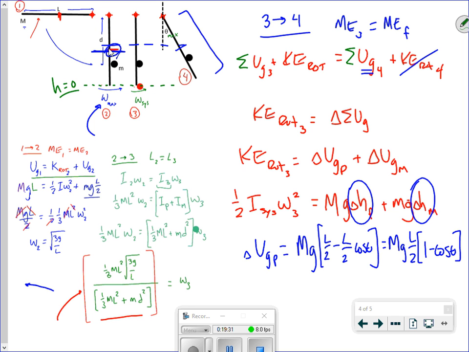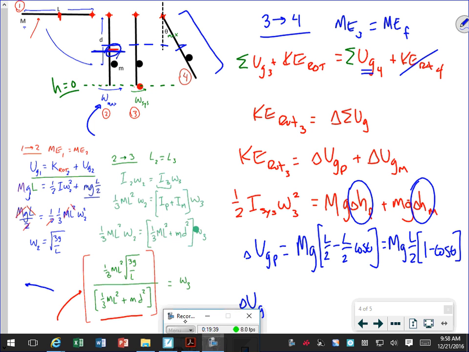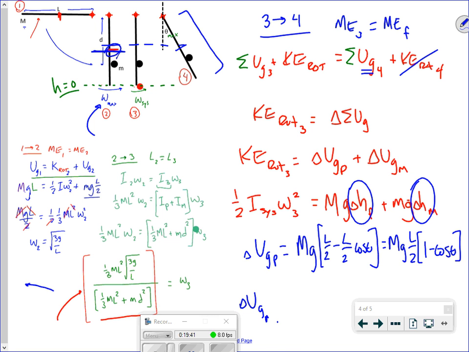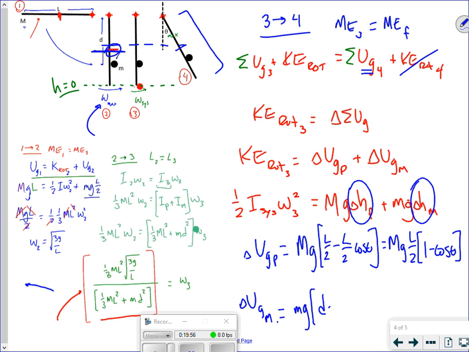And similarly, the delta UG for the mass is little mg, and its delta H is d minus d cos theta. Excuse me, d minus d cos theta, or just little mgd times 1 minus cos theta.